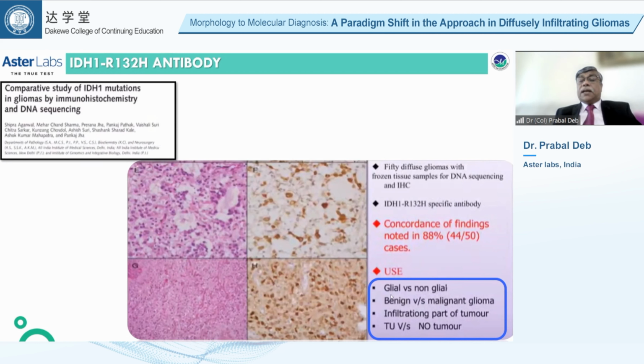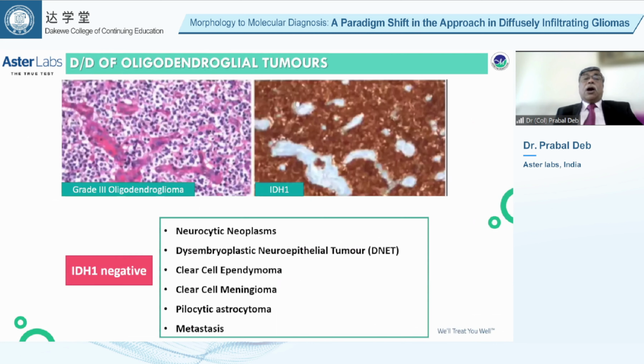Next, whether it's a glial neoplasm or non-glial, whether there's a benign or malignant glioma. And finally, where is the infiltrating part of the tumor, which I told you, diffusely infiltrating very far side from the primary tumor, also may have glioma cells. And that is why IDH1 is extremely important for assessment.